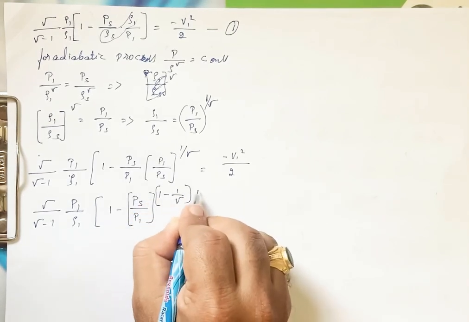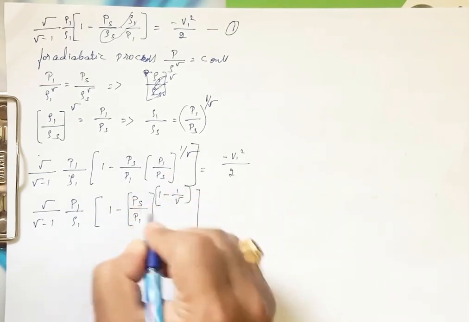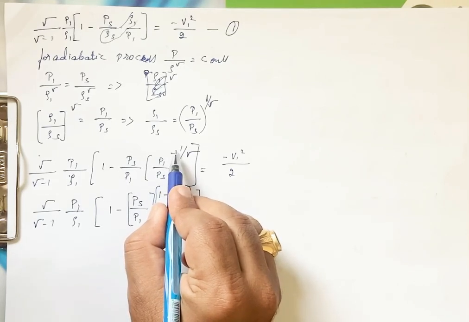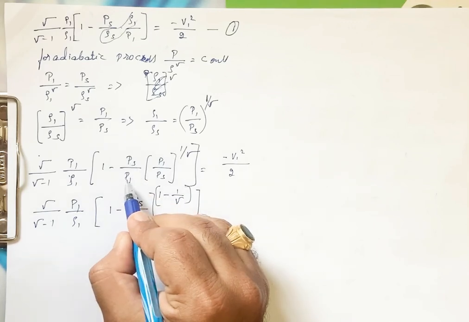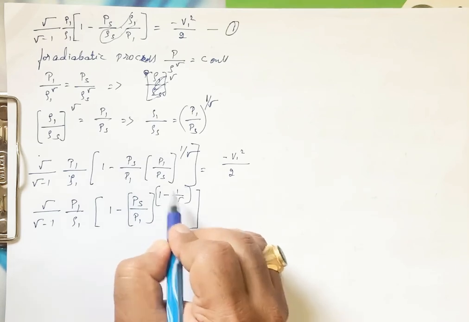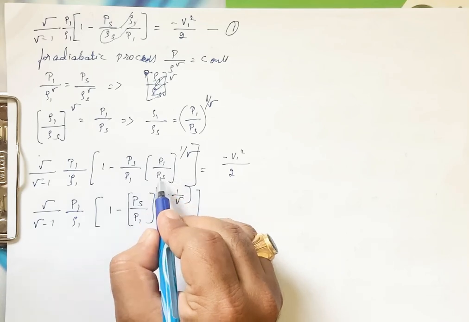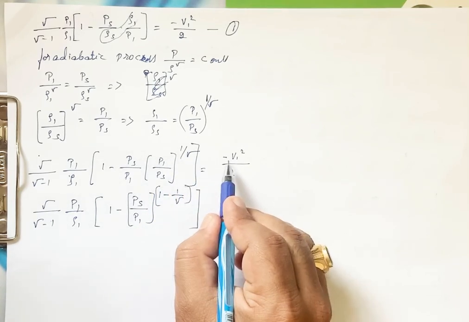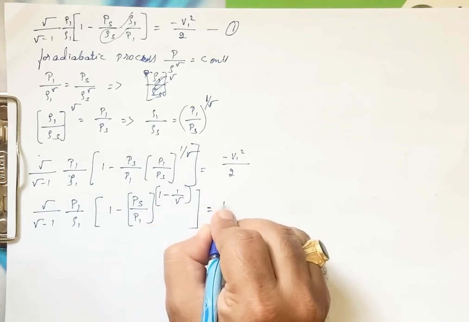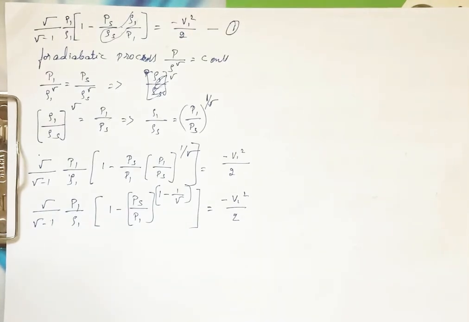What I have done here is I have taken the reciprocal of this one. So when I take the reciprocal, this becomes negative, so I'll get it in terms of Ps by P1 there. As the denominators are the same, I can add up the numerators: Ps by P1 into Ps by P1 raised to minus 1 divided by gamma. So I get 1 minus 1 divided by gamma into V1 square. This is the expression I'll get.